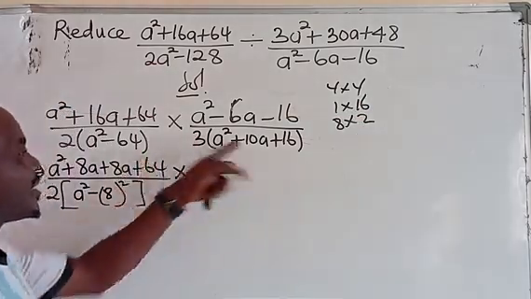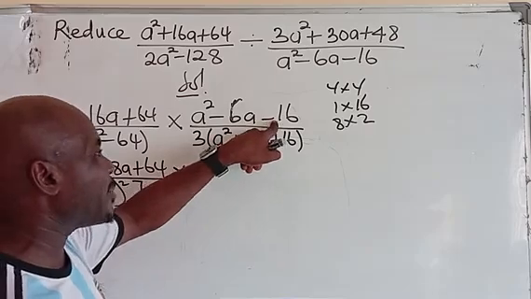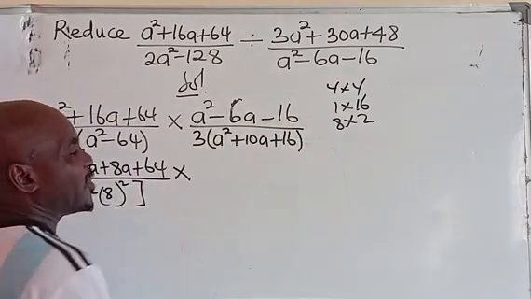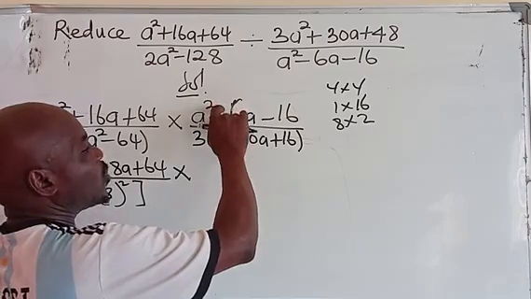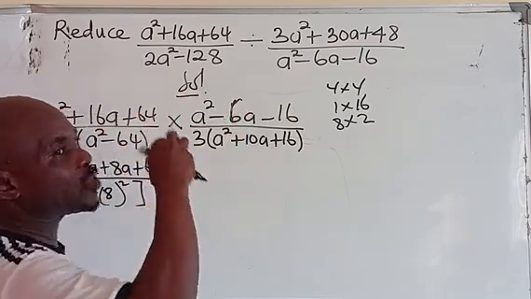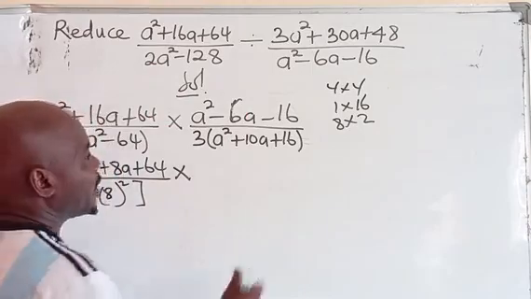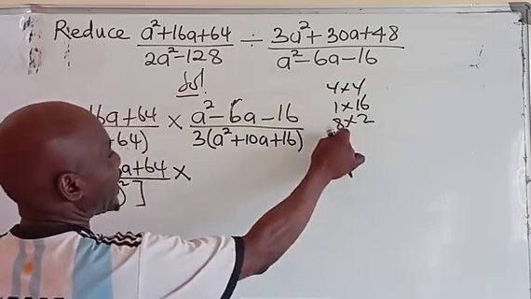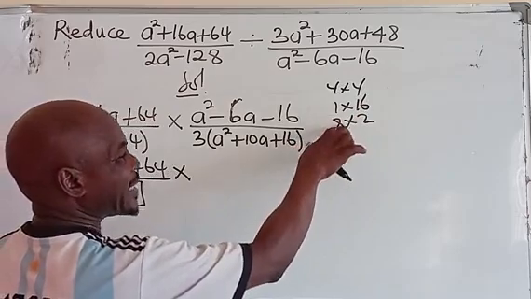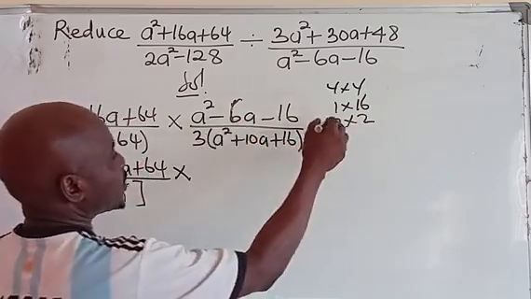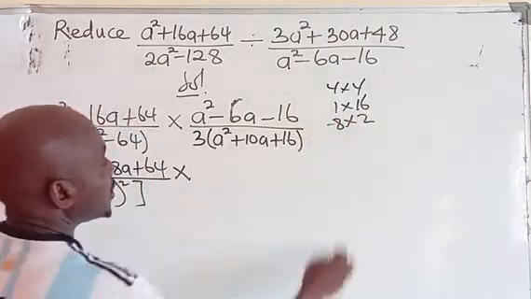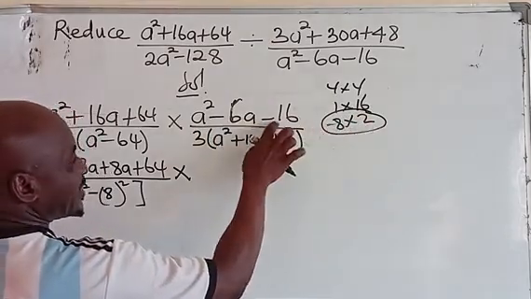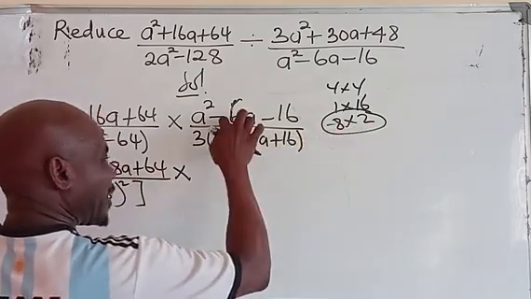Since the constant term is negative, one of the two numbers must be negative. Now, the second term is also negative, so the bigger of the two values we are picking must be negative. So the only two values that multiply to give 16 and, with one negative, add to give minus 6 are this one here: negative 8 times 2 is negative 16, and minus 8 plus 2 is minus 6.